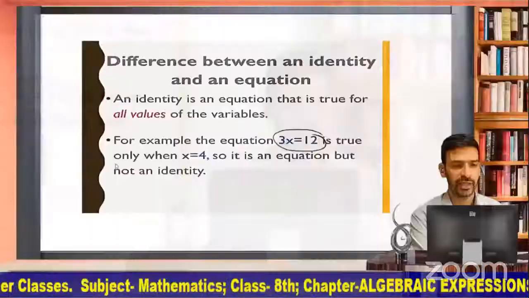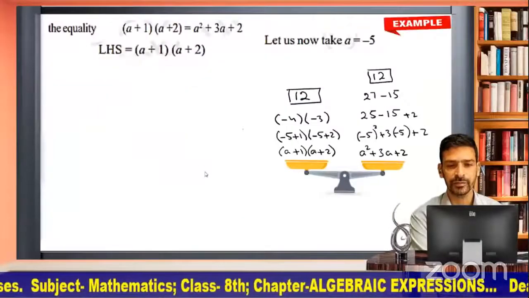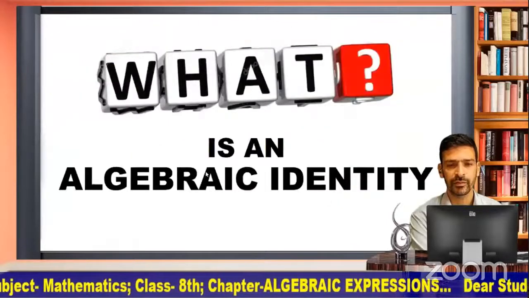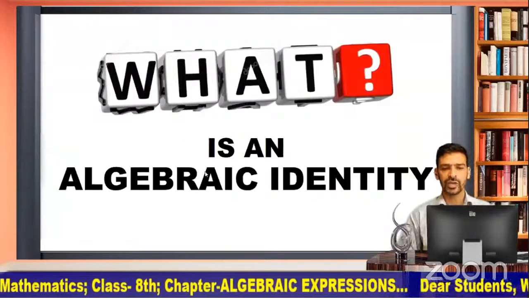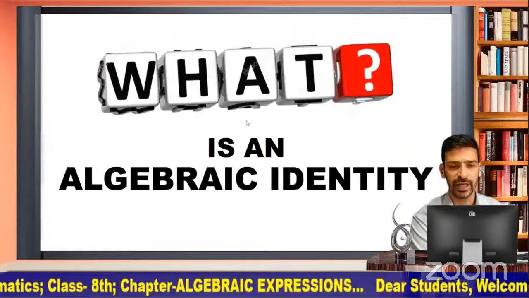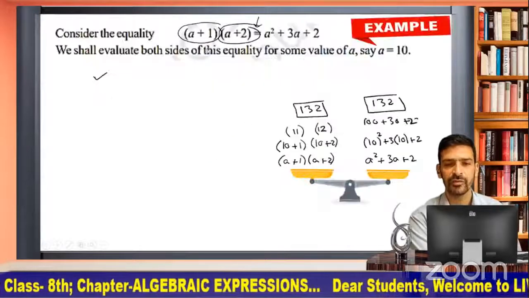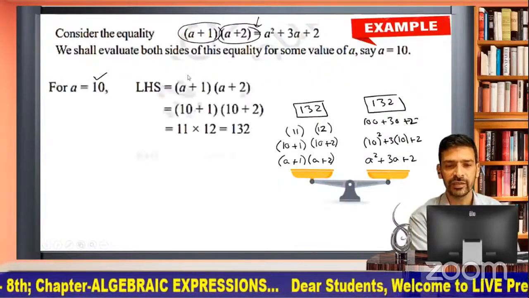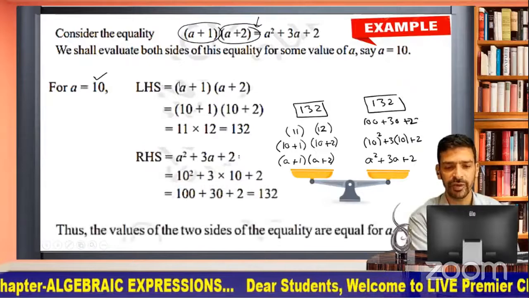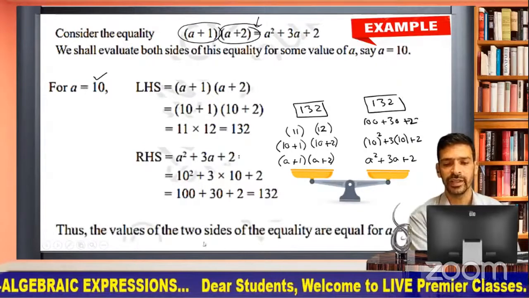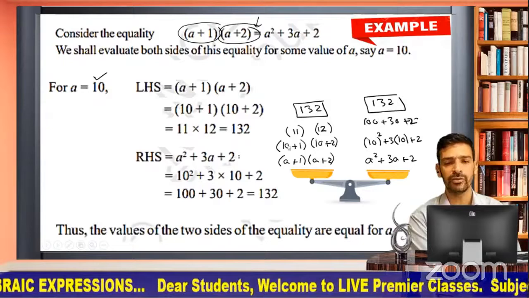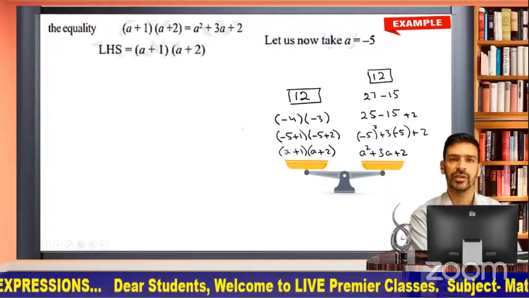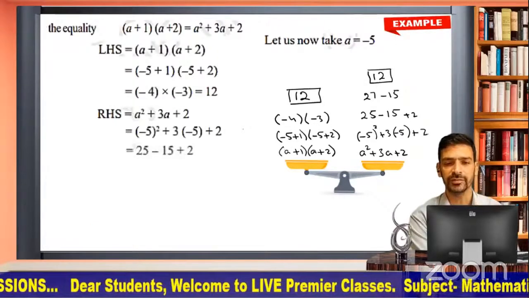Let us make a quick recap. We started with what is an algebraic identity. We took an equality, we solved it for values, and we found that the two sides are equal for a value of 10. We took one more example.